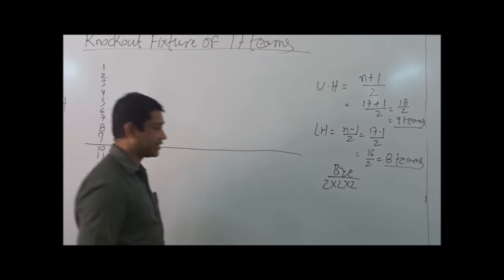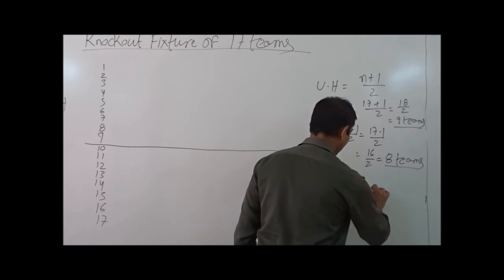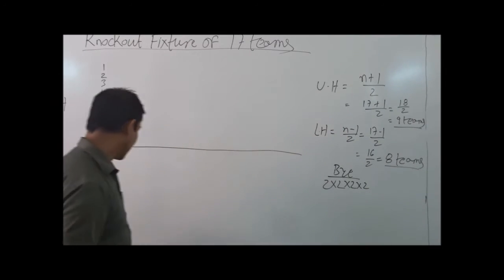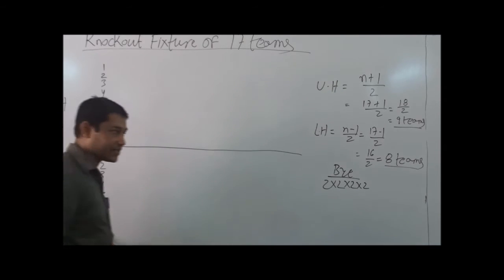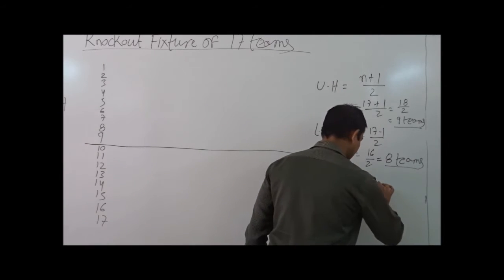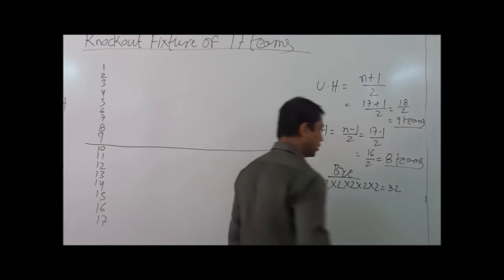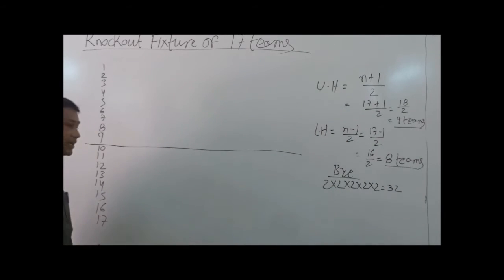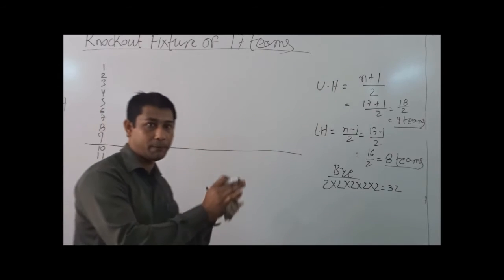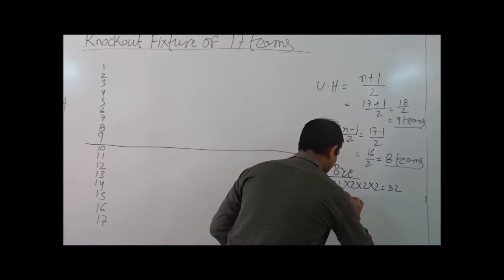Still 17 is greater. 8 into 2, 16. Still we find 17 is greater. 16 into 2, it becomes 32. But we find 32 is greater than 17. So we need to stop there only.